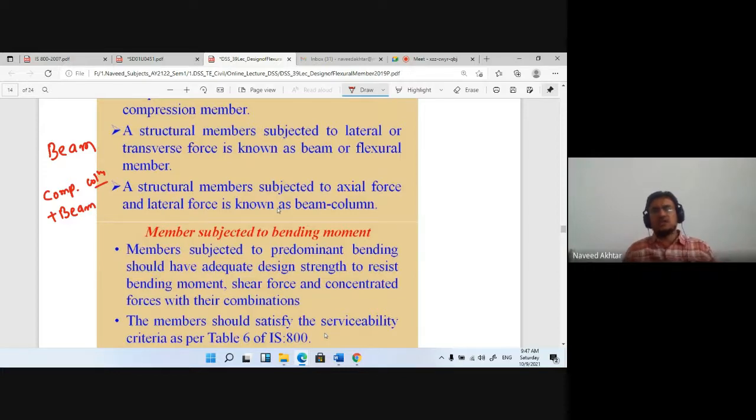When there is axial force and bending or transverse force, then that is called a beam column.